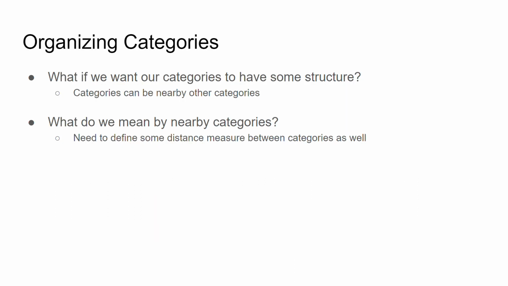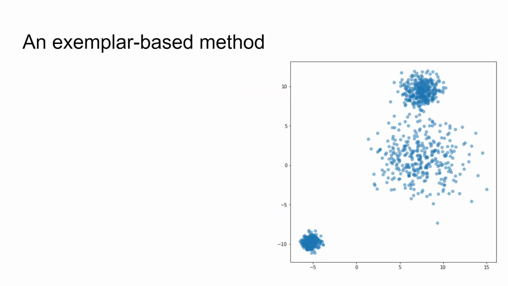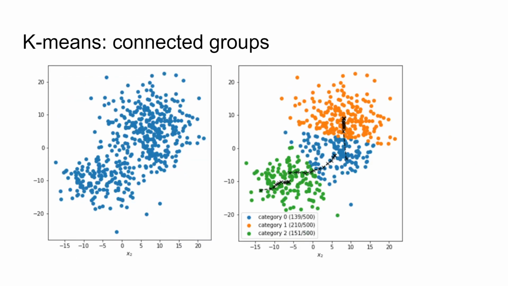So one way to phrase that is, what if we want our categories to have some structure? Let me go back to a counter example here, all the way back. There we are. In this one, I have three categories: category 0, category 1, category 2.